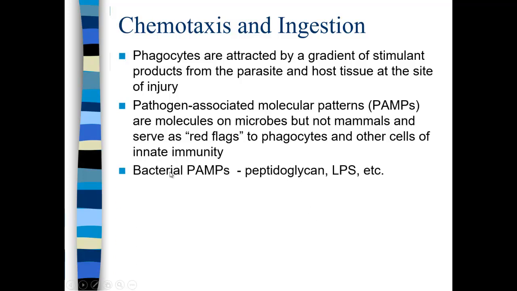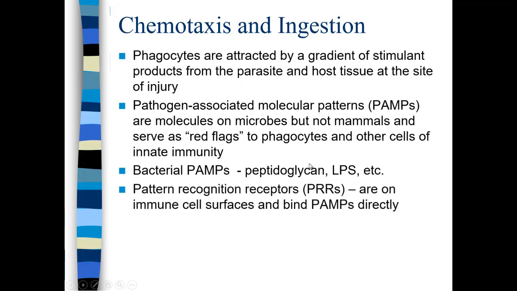Okay, this includes things like peptidoglycan for both gram-negative and gram-positive cells, LPS, lipopolysaccharide for gram-negative cells, and other cell surface molecules. Okay, and then on the phagocytes themselves, there are what are called pattern recognition receptors. These recognize the PAMPs.